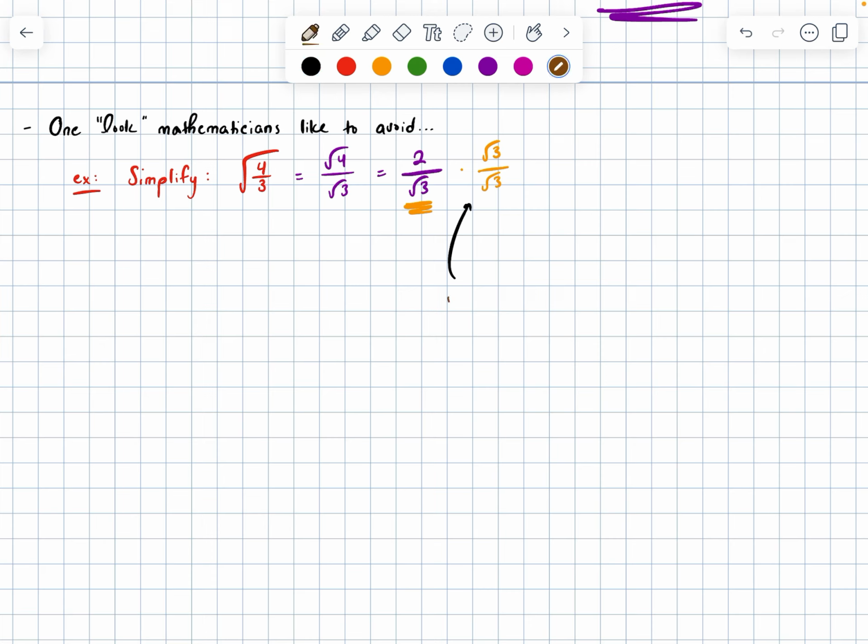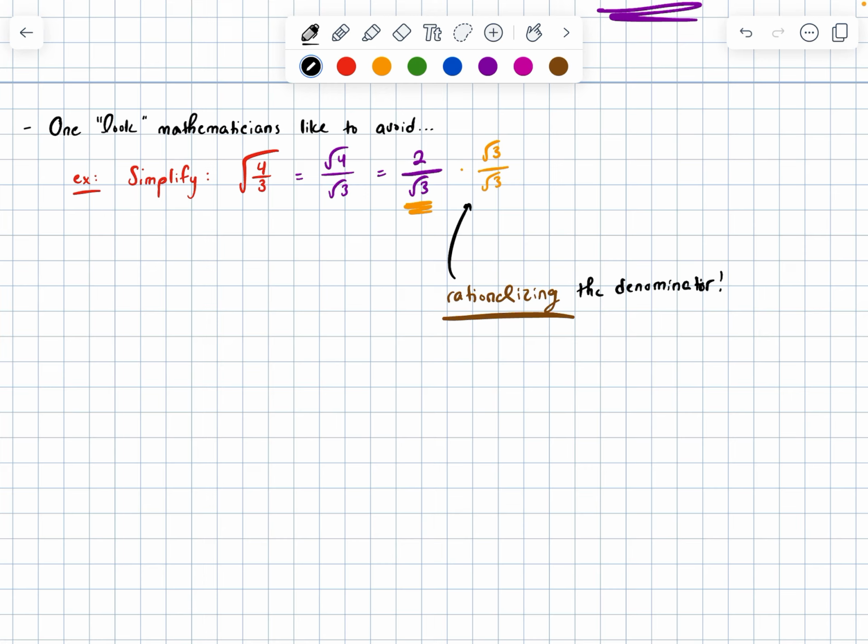The name for this strategy is called rationalizing the denominator. Now, in the word rationalize, you should hopefully see the word ratio, which of course means fraction. We also see the word rational. I know that the square root of 3 is an irrational number.